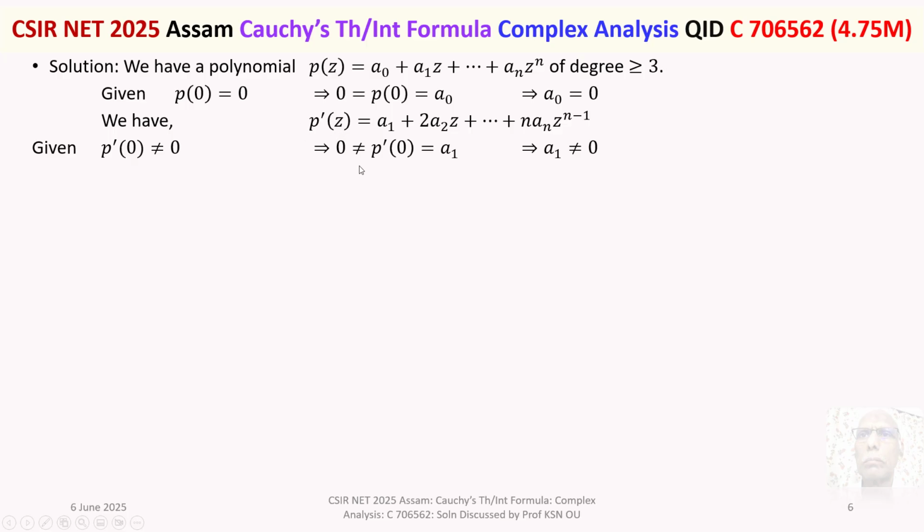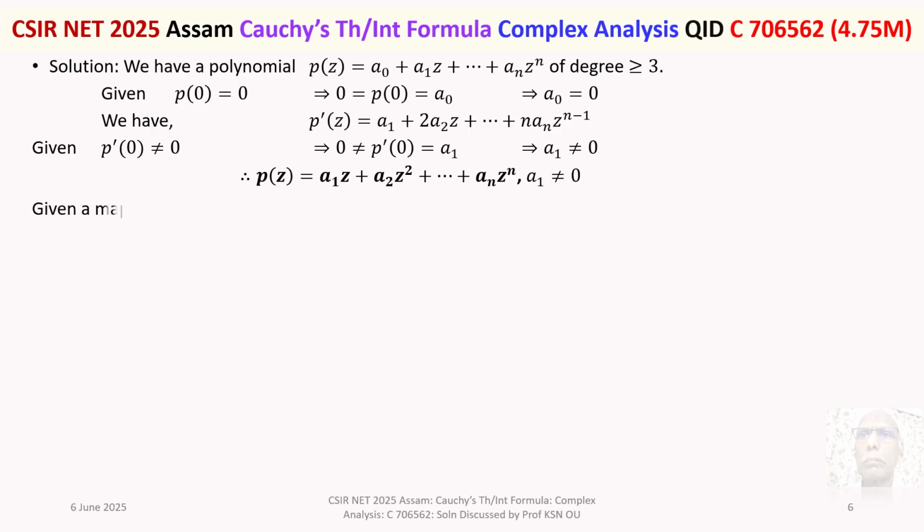This implies 0 not equal to P prime 0 is equal to A1. This means A1 not equal to 0. Thus we have P of Z will be A1Z plus A2Z square plus so on and so forth plus AN Z power N, where A1 not equal to 0.